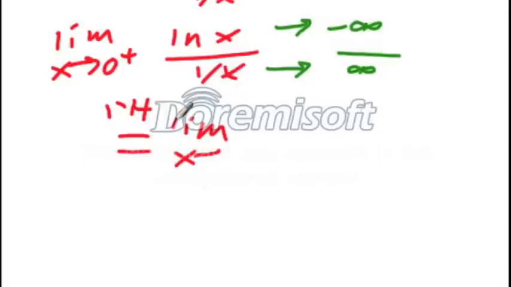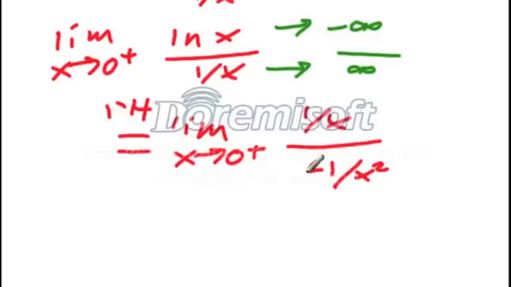and have the limit as x approaches 0 from above. The derivative of natural log of x is 1 over x. And the derivative of 1 over x is negative 1 over x squared. And maybe you have to think of 1 over x as x to the minus 1 and use the power rule. Now let's just do a little rewrite.